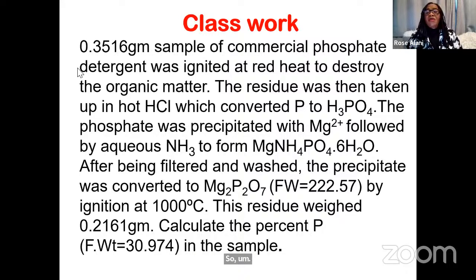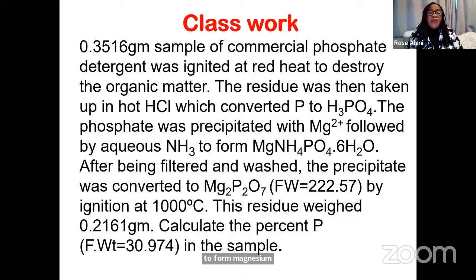A 0.3516 gram sample of commercial phosphate detergent was ignited at red heat to destroy the organic matter. The residue was then taken up in hot HCl, which converted phosphorus to phosphate, and then the phosphate was precipitated with magnesium ion followed by aqueous ammonia to form magnesium ammonium phosphate.